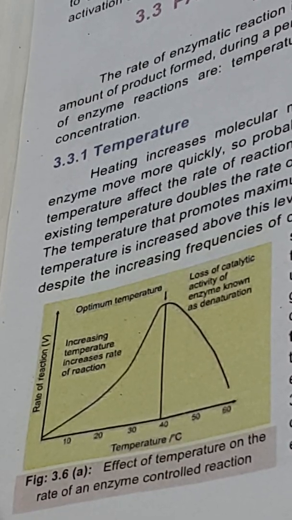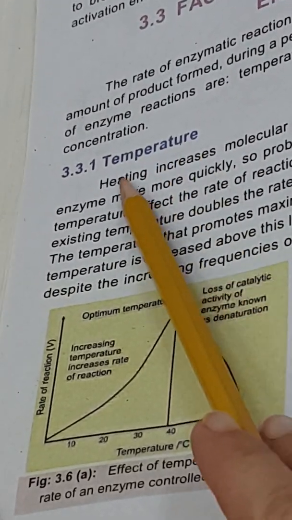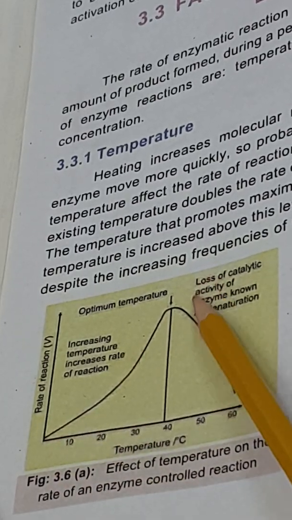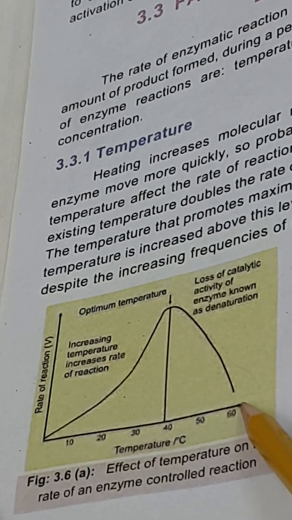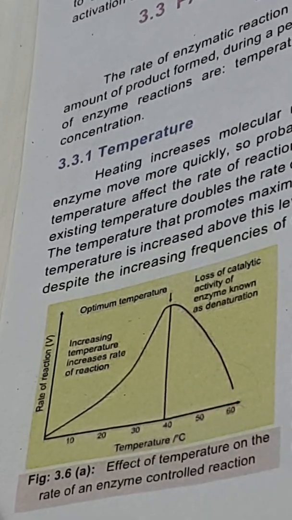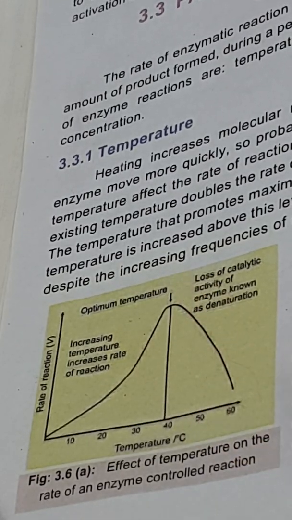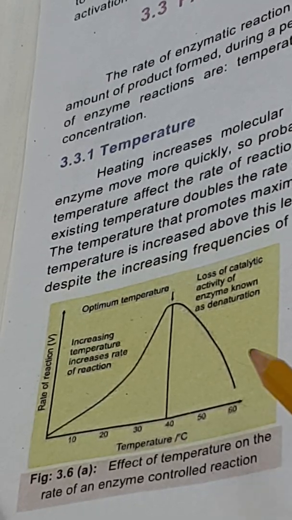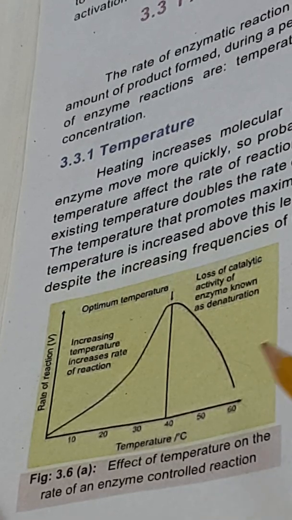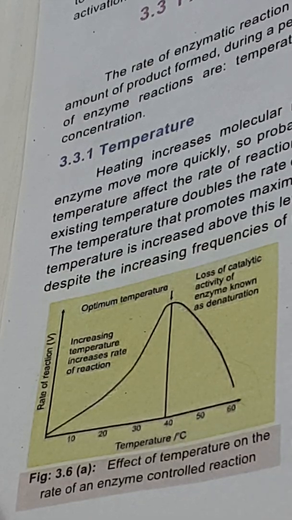Among these factors, first of all, we will discuss the factor temperature. This graph shows the effect of temperature on the activity of the enzyme. When we heat up, when we give temperature to any chemical compound, it starts giving energy to that chemical compound, and its molecules start vibrating. With that kinetic energy, the activity of the molecules becomes high.